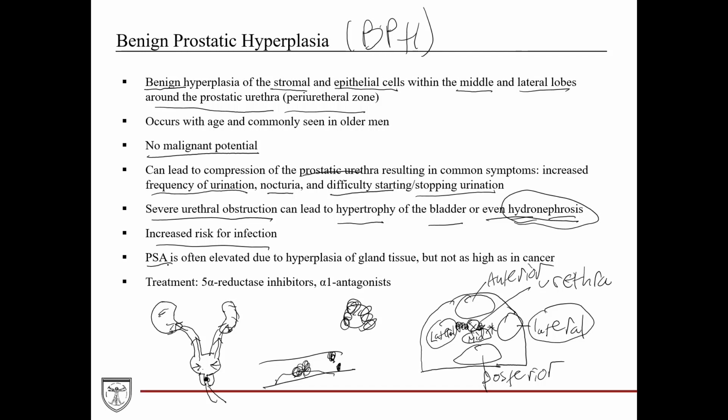So PSA, or prostate specific antigen, like what we talked about in the prostate gland lecture, is often elevated due to hyperplasia of gland tissue. So it's going to be high in patients with BPH. It's frequently seen that patients, especially older men, have a high PSA, but it's often not as high as it is in cancer. So like I said earlier, PSA is a helpful marker.